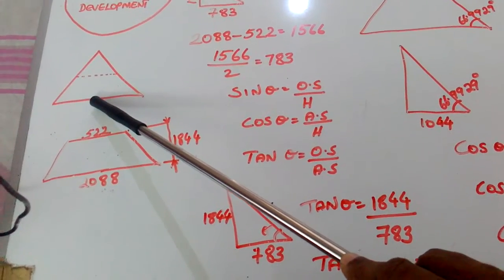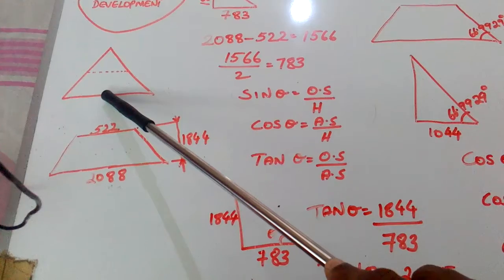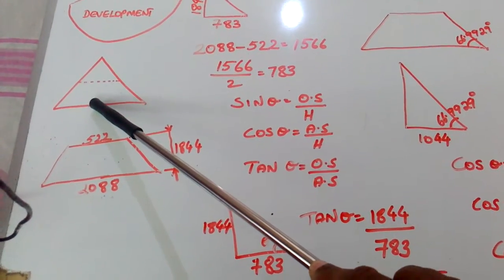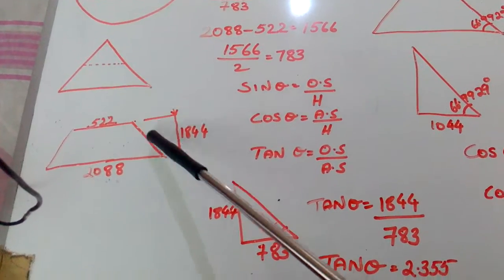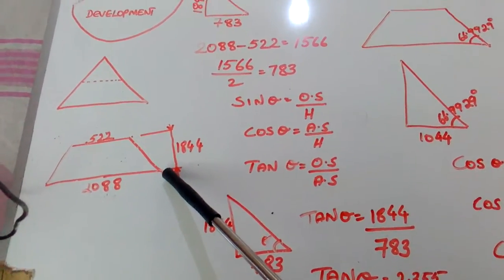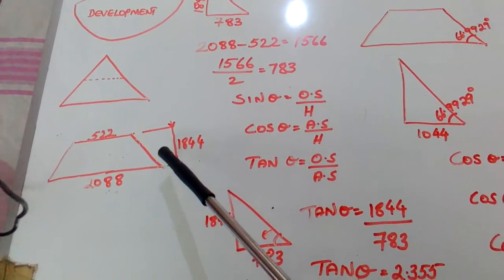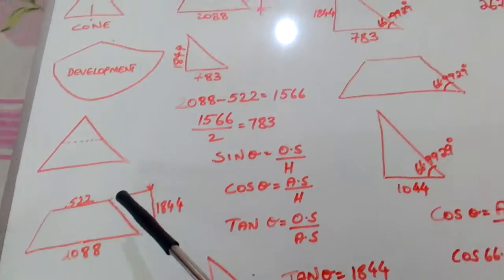Wherever it stops, it will be the end point, or the corner point, of this cone. From here to here, whatever the length is, that will be the radius of the round we have to make. So this portion also has to be drawn. I have drawn it here.